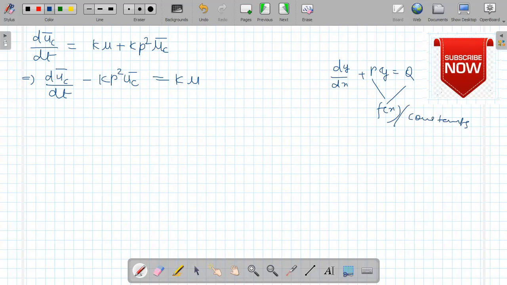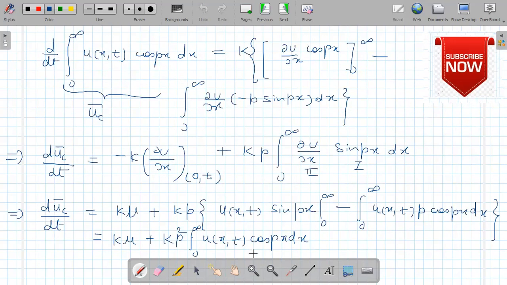So we will find the integrating factor. Integrating factor is e raised to the power, here we have negative sign. Let me make a correction.